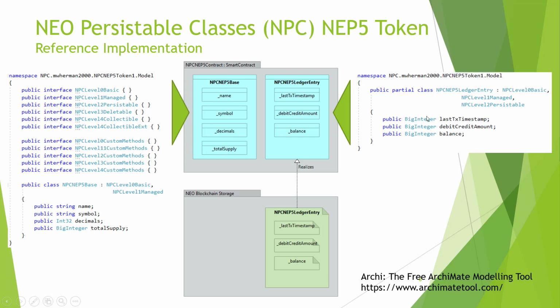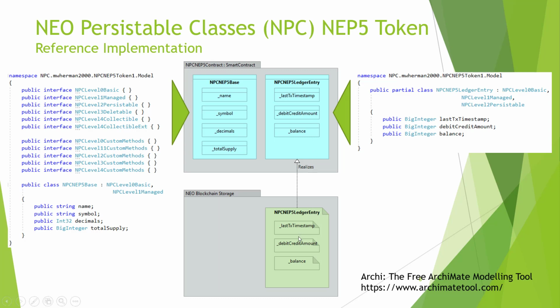Over here on the right is the ledger entry object that had the timestamp, the debit credit amount, and the balance in our model class. We needed to persist that into the blockchain, so it uses level 0, level 1, and level 2. And we can see how that's manifest itself in our smart contract code.